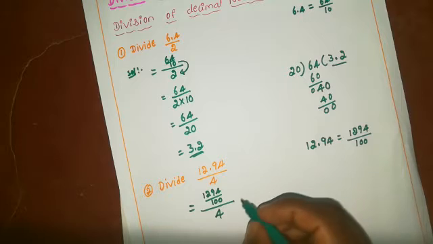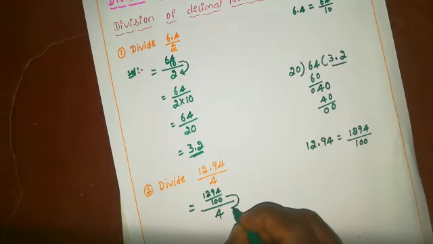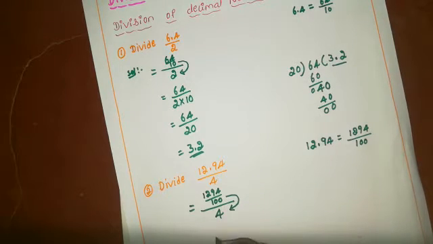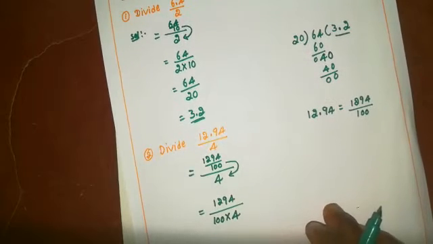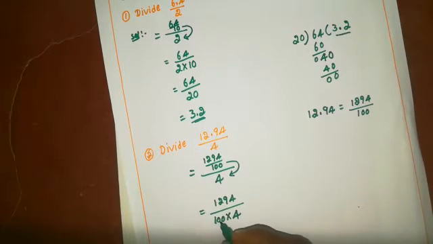We know that the denominator of the numerator comes to the denominator, so the 100 comes to the denominator: 1294 divided by 100 into 4. Now we have to multiply 100 into 4.